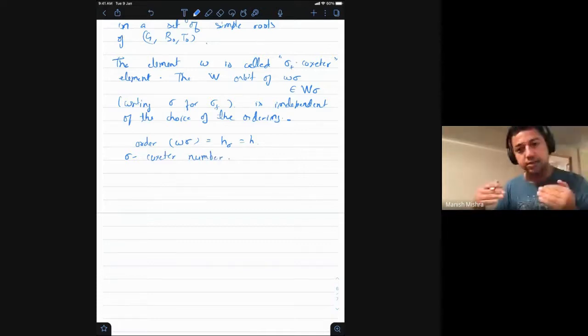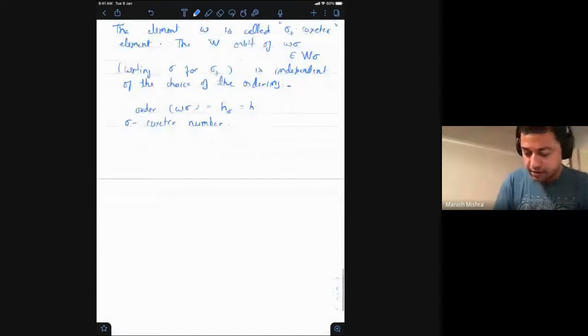Sometimes I'll just drop sigma and call it the Coxeter number. And T_omega is called the Coxeter torus.